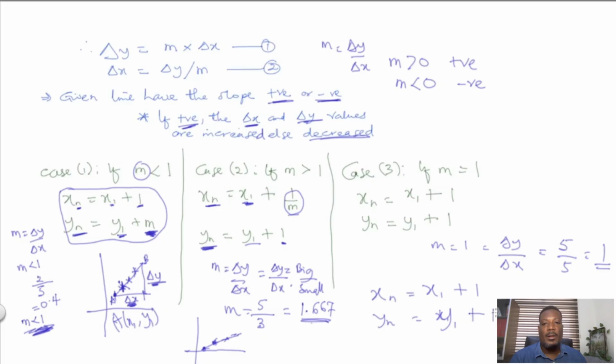So these are the three scenarios that we can find when we talk about the DDA algorithm. These are the three things that you should have in mind.